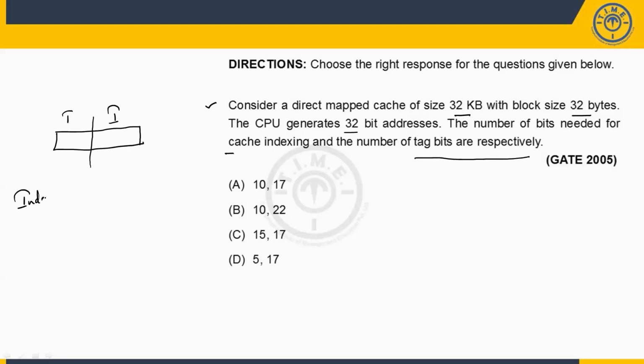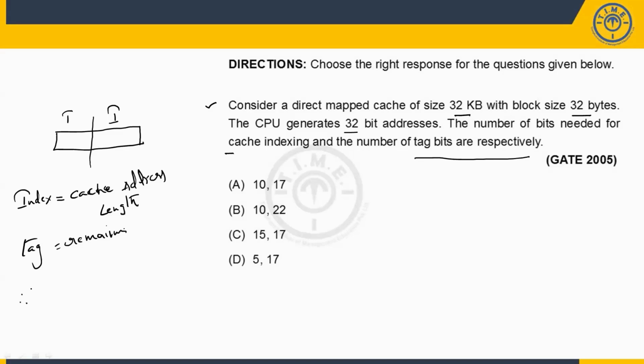Index is the cache address length. Tag is the remaining part.